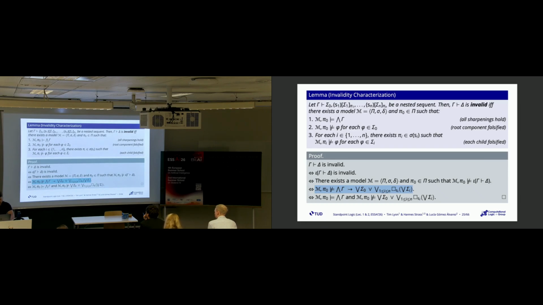So we're still just unfolding definitions. And now by the semantic reading of implication, which is a defined connective in our setting, we can conclude that it must be the case that everything in gamma is true and everything in the consequent is false. That's just the semantics of implication.